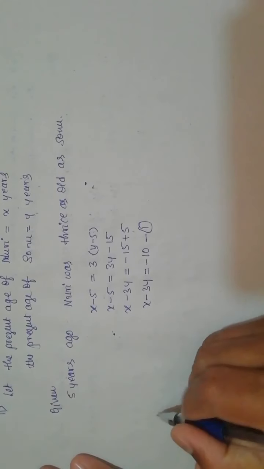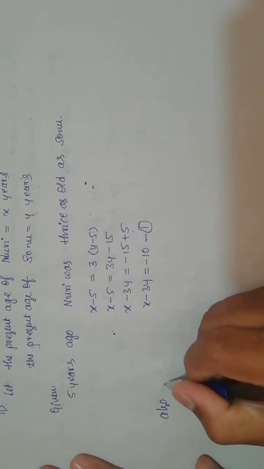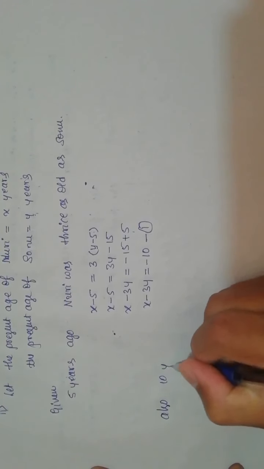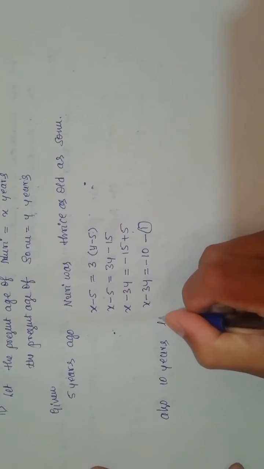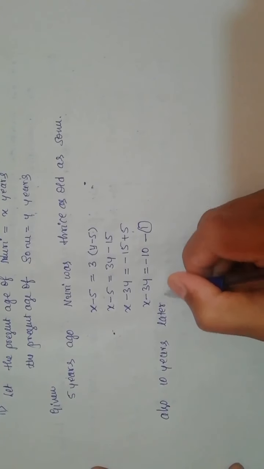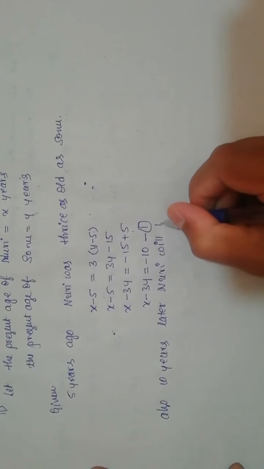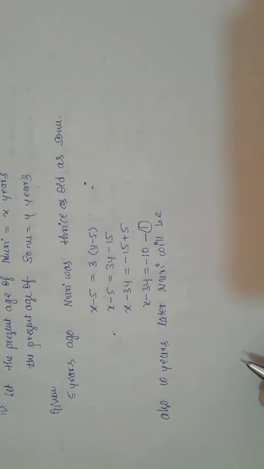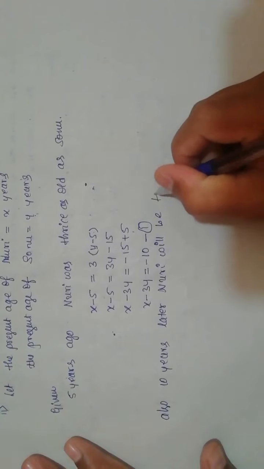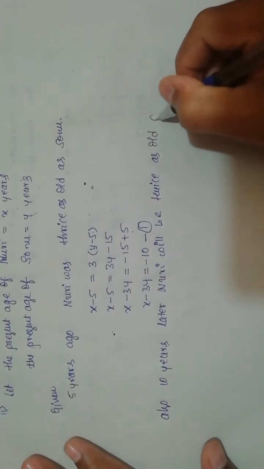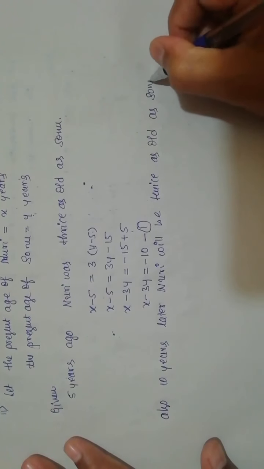Okay, so equation 2 has another condition. What did he say? 10 years later, Noori will be twice as old as Sonu.